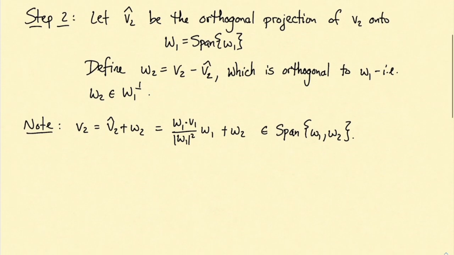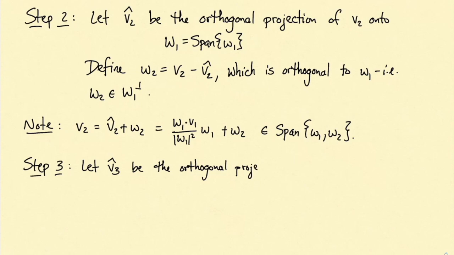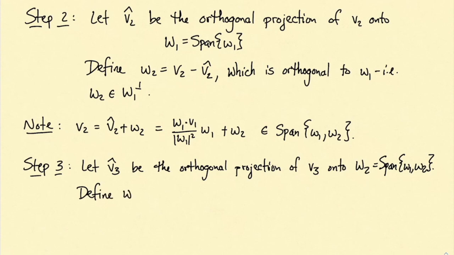Step 3 is similar to step 2. We take the vector V3 hat to be the orthogonal projection of V3 onto the subspace spanned by W1 and W2. We define W3 to be V3 minus V3 hat, and we recall that this vector was defined in such a way that W3 is in the orthogonal complement of the space spanned by the vectors W1 and W2.